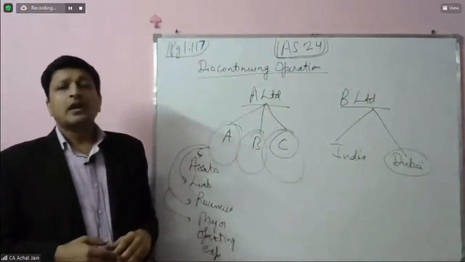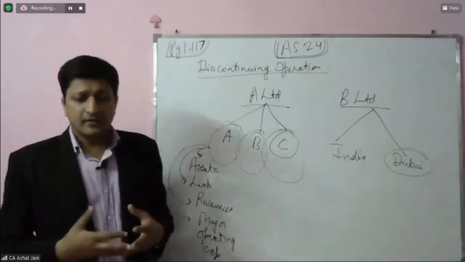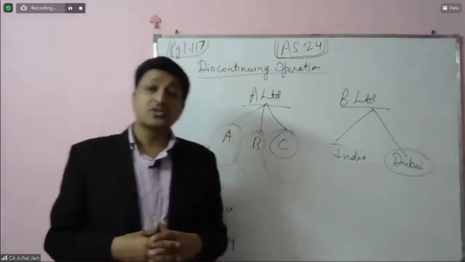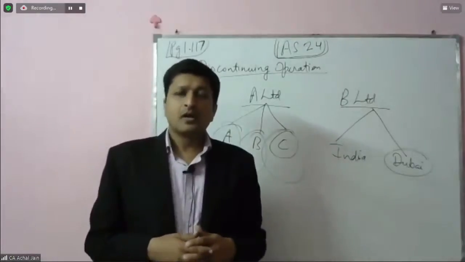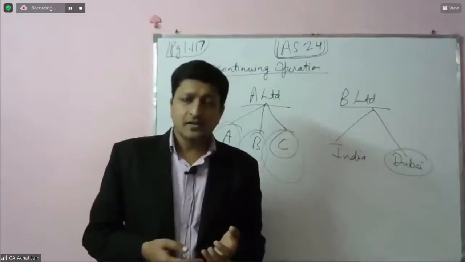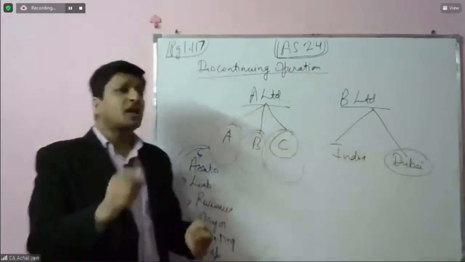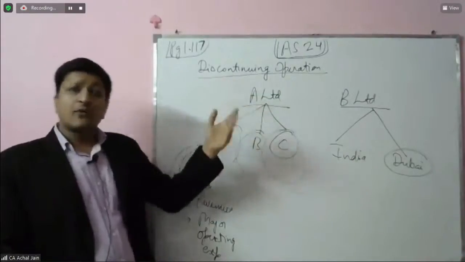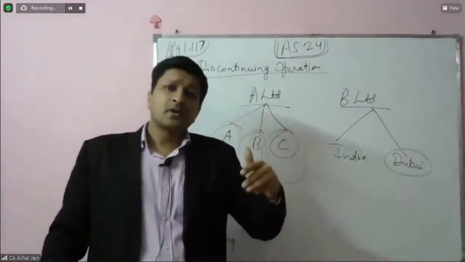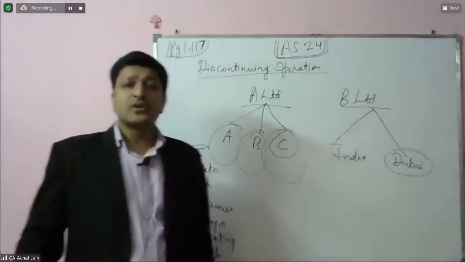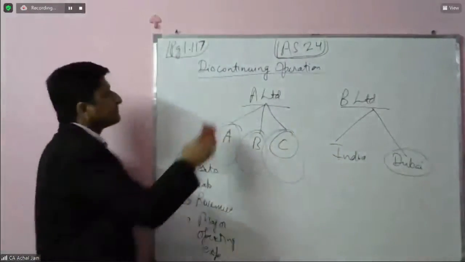And what all things are required for this. But now we are going to talk about situations or the event or the criteria which are necessary for the disclosure of this discontinuing operation. So now we are moving on to the next step. We are now checking the criteria, situations for its disclosure. Okay.